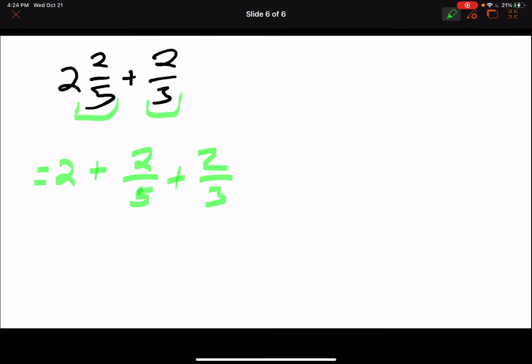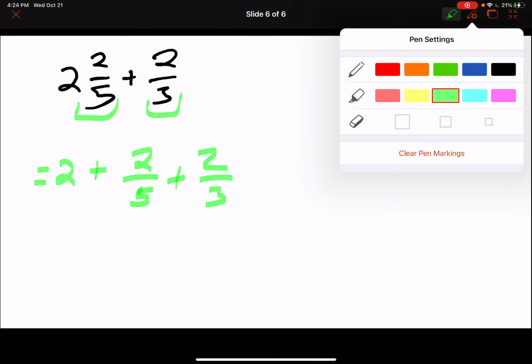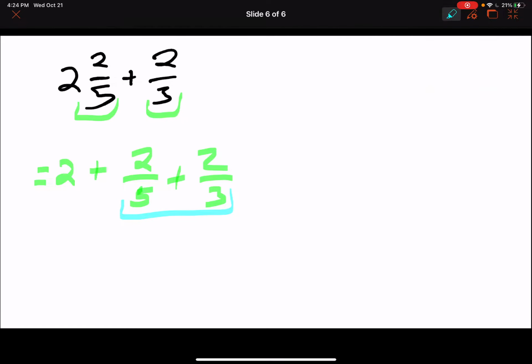All right, now I have my fractions off by themselves and the whole off by itself. Doesn't change the problem. The problem's still going to have the same answer, and I'm going to find the lowest common denominator, okay?